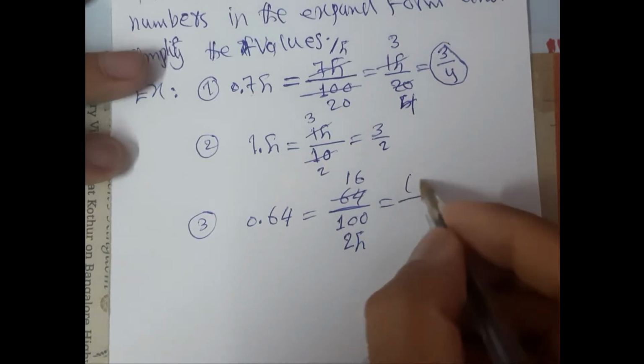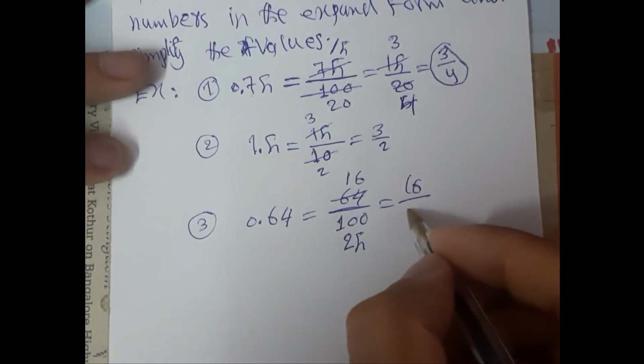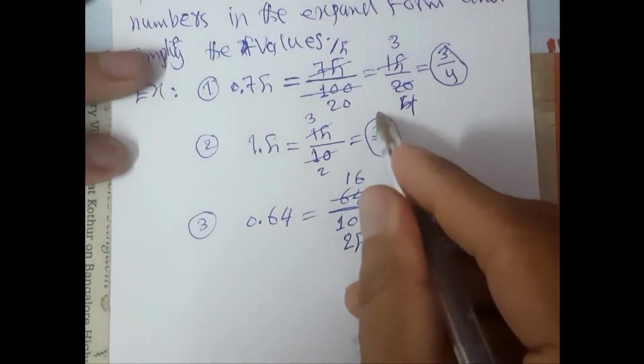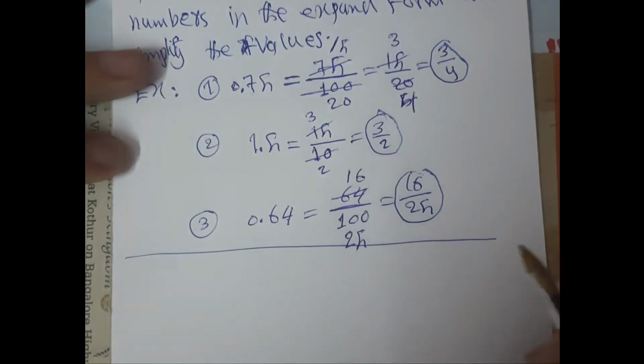It is equal to 16 upon 25. It is the answer. By this rule we can change a decimal number to a fraction.